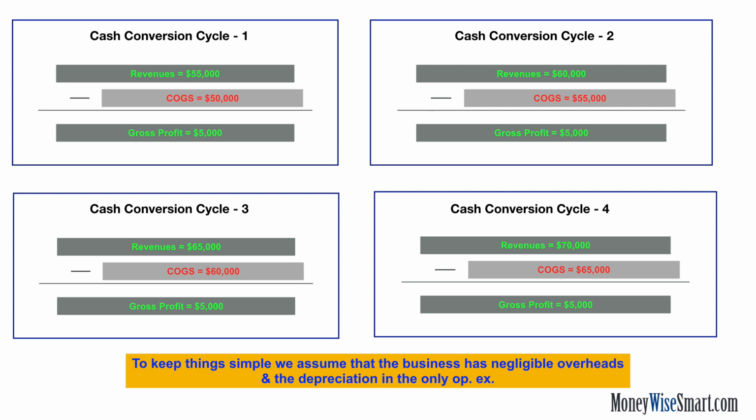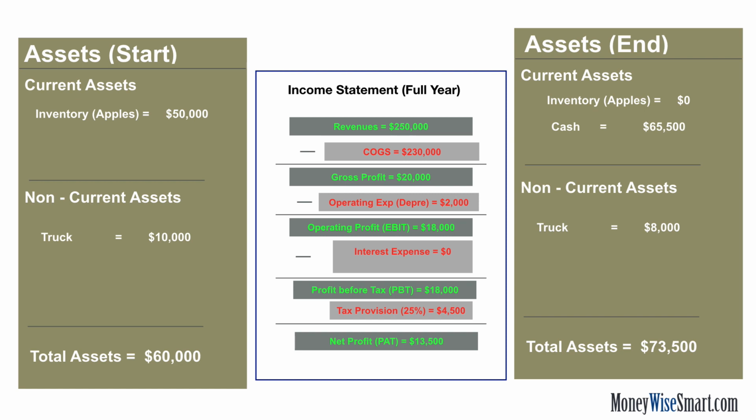And the total cost of goods, which again is the sum total of the cost of goods sold in all the 4 cycles, that works out to $230,000. So I generate a gross profit of $20,000, giving me an EBIT of $18,000 after deducting the depreciation expenses.